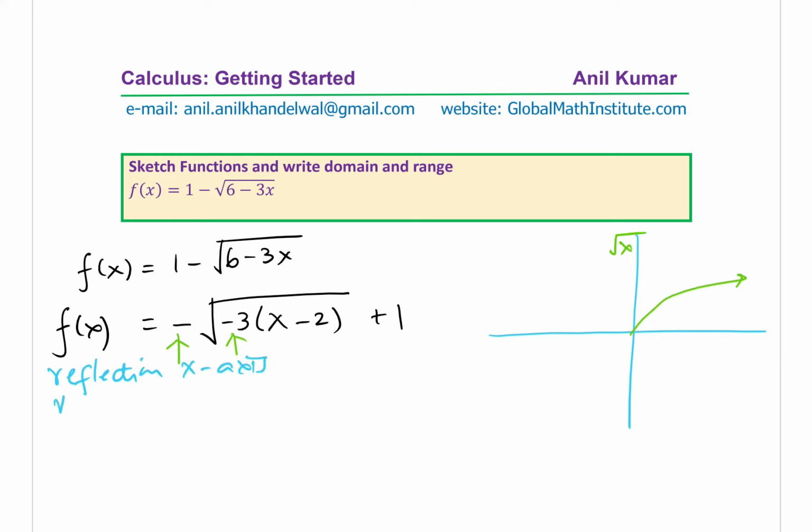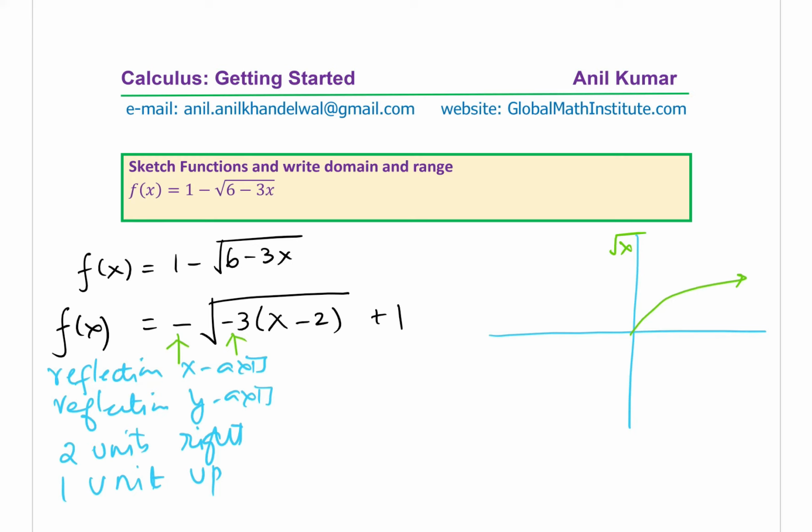And then we have reflection on the y-axis, right? And then we translate 2 units right and 1 unit up. So those are the transformations.